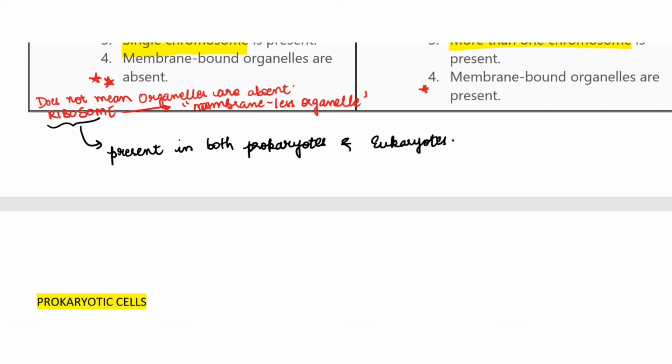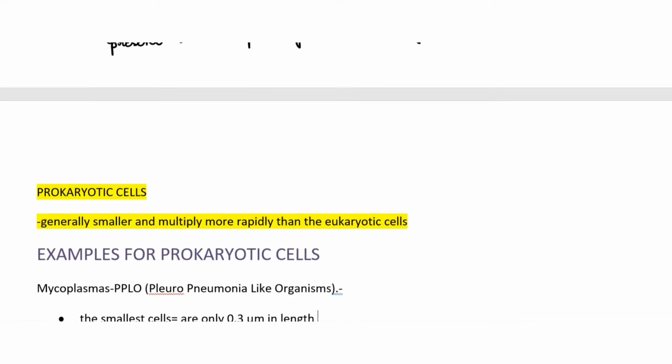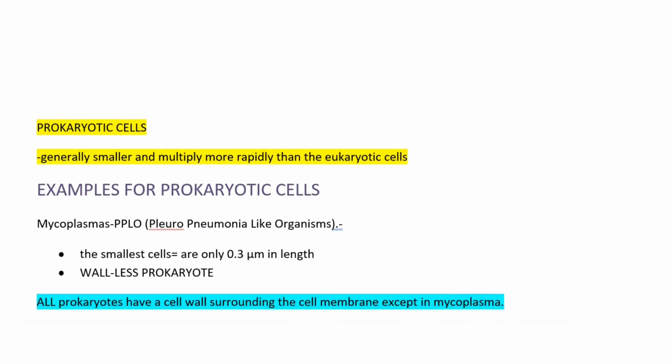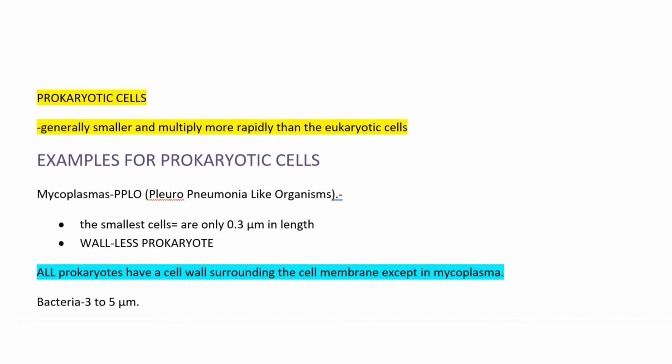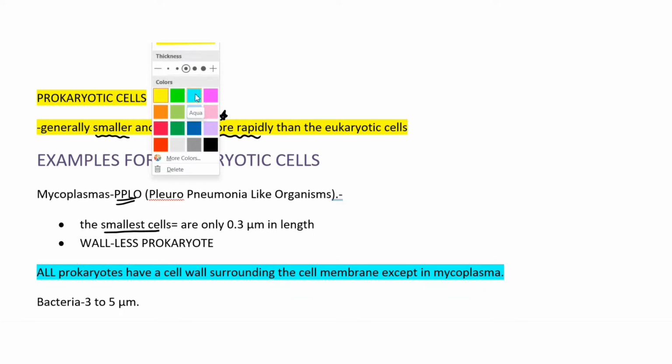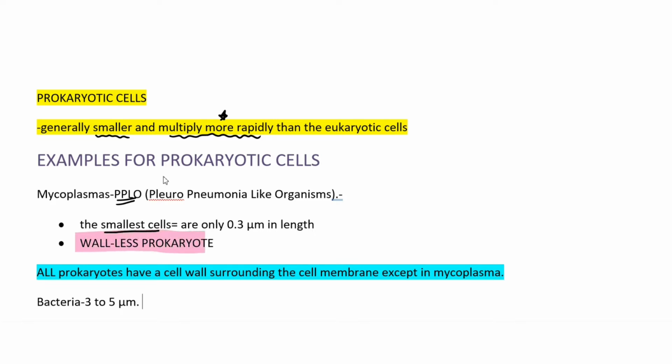Now let's dive into prokaryotic cells and understand more. So as we saw already, they are smaller than eukaryotic cells, so they multiply more rapidly, faster than eukaryotic cells. So some of the examples of prokaryotic cells are PPLO, which is Mycoplasma. PPLO stands for Pleuropneumonia-like organism. This is very special because it is the smallest organism found in nature and it's only 0.3 micrometers in length.